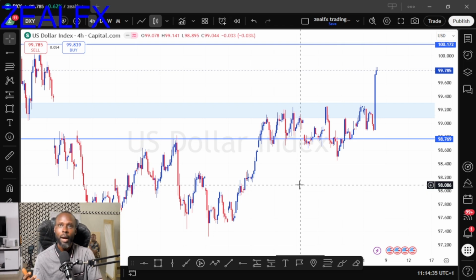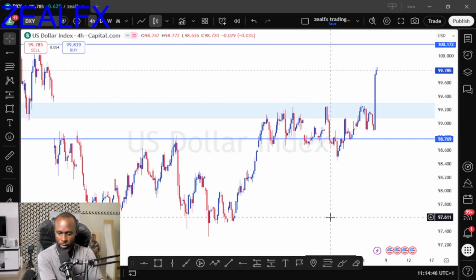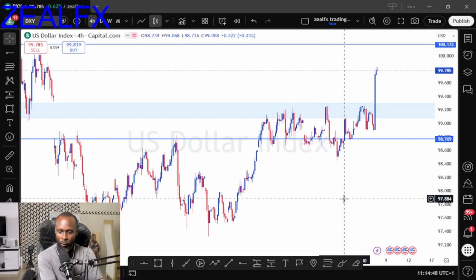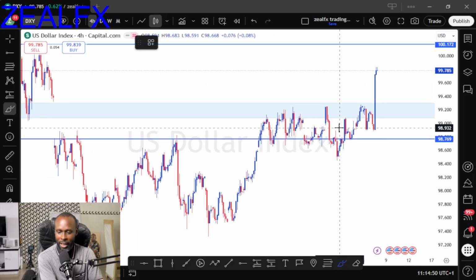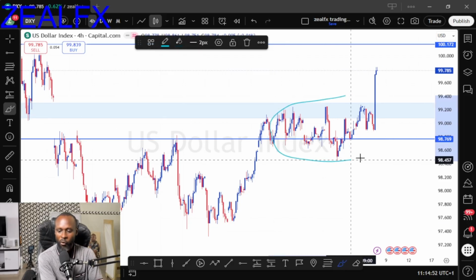So let's look at our next pair, which is the dollar index, the DXY. The DXY on the 4-hour time frame has broken out of a consolidation level. You can see that price has been in this consolidation for a long period of time.